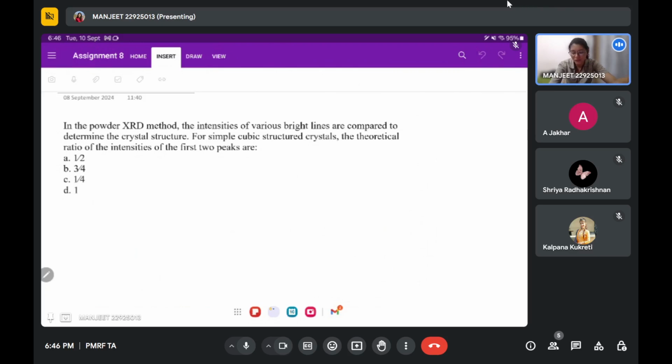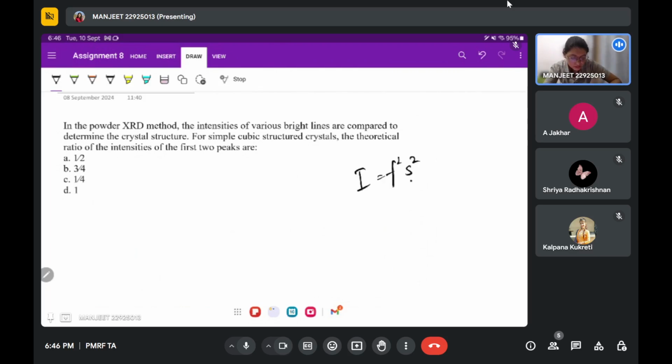We already told you this intensity depends upon the structure factor, the geometrical structure factor and the atomic structure factor, that is f squared times F squared.